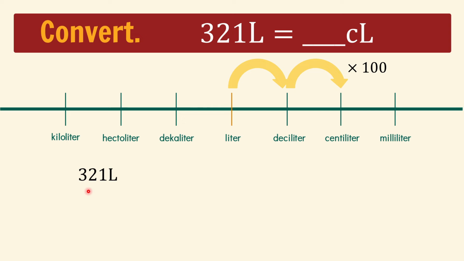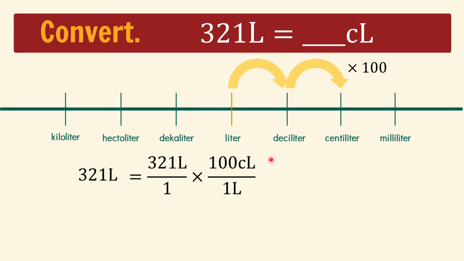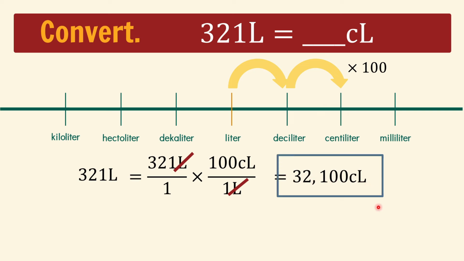So using the factor label method, 321 liter is equal to 321 over 1 times the equivalent relation of conversion, 100 centiliter over 1 liter. So canceling the similar units and multiplying their fractions, we get 32,100 centiliter.